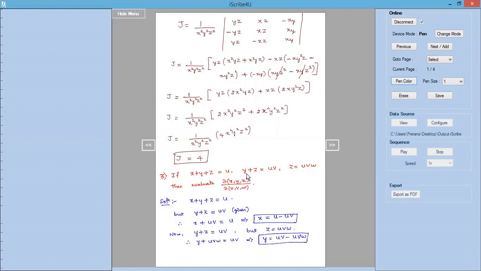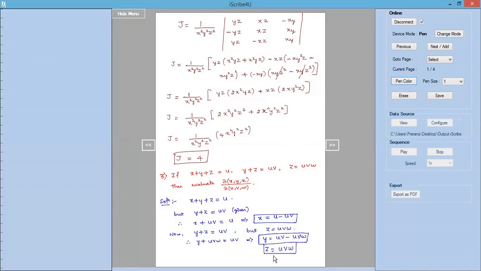So we now represented y also with respect to uvw. And lastly, z, if we observe, z is already represented in terms of uvw. So I'll just directly write out that z is directly given as uvw. So these are the three expressions for x, y, z for us.